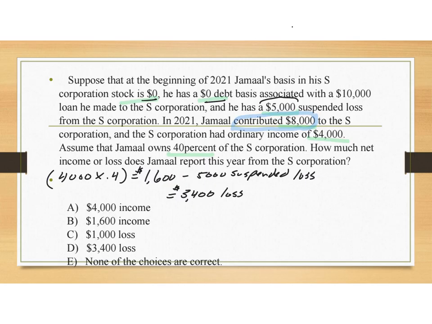And he gets to deduct that loss, so that loss flows through to him. Okay? Because he had contributed that $8,000 and he had enough debt basis to cover it.